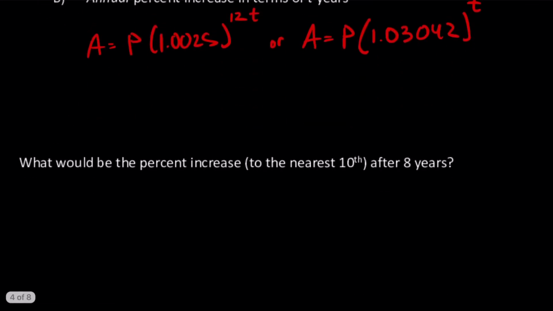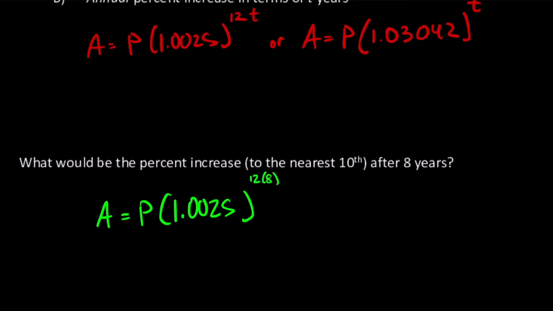And so that's A equals P times 1.0025, and then times 12 to convert it to years, times 8 for 8 years, and then whatever variable you want to keep up there. So basically you need to calculate this. All right, let's keep it going here. That's P. That gives me 1.27087, and that'd be to the x.